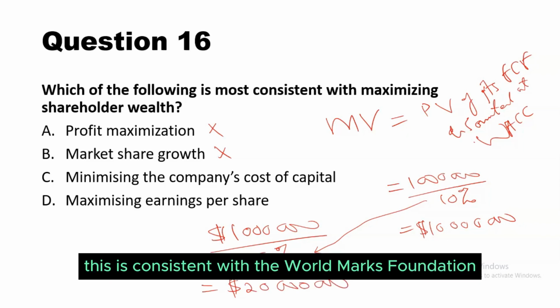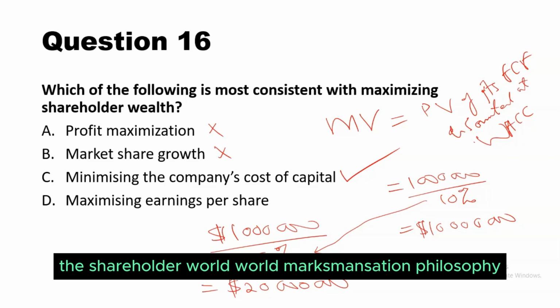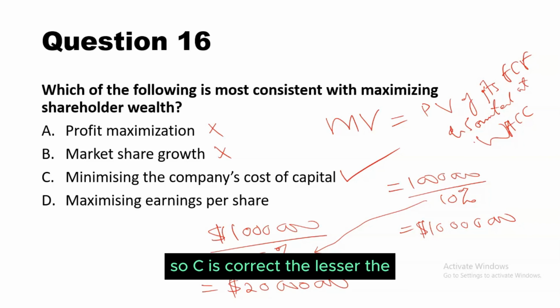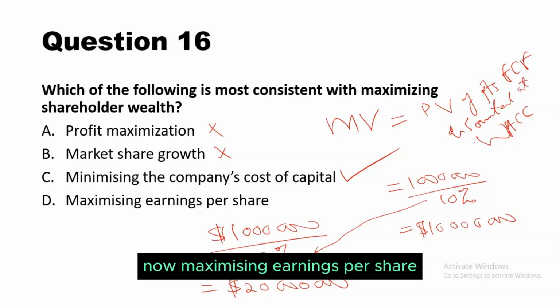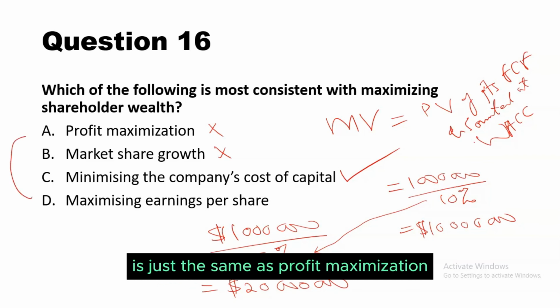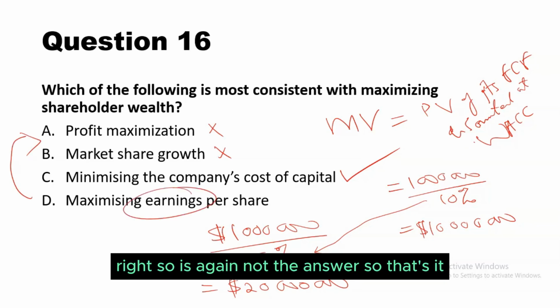So this is consistent with the shareholder wealth maximization philosophy. So C is correct. The lesser the WACC, or the lesser the cost of capital, the greater the wealth of the shareholders. Now, maximizing earnings per share is just the same as profit maximization because earnings are profits, right? So it's again not the answer.